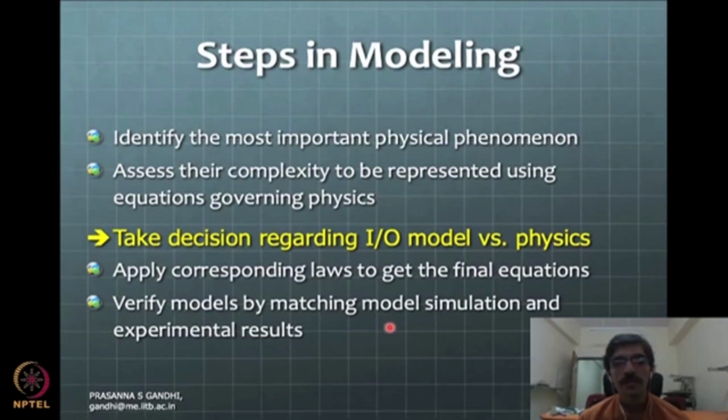Then the major decision to take is whether to go for empirical models, which are input-output based models, or to model completely from physics. This is an important decision, and once you take it, you apply the corresponding laws and get your models done. This is how we'll proceed with the modeling step.